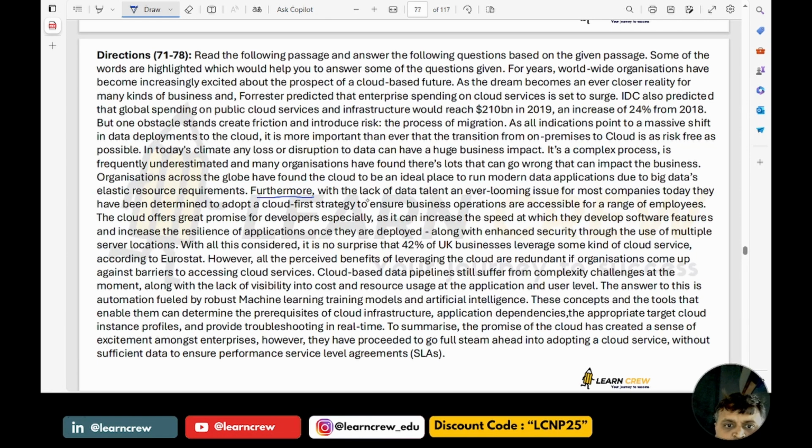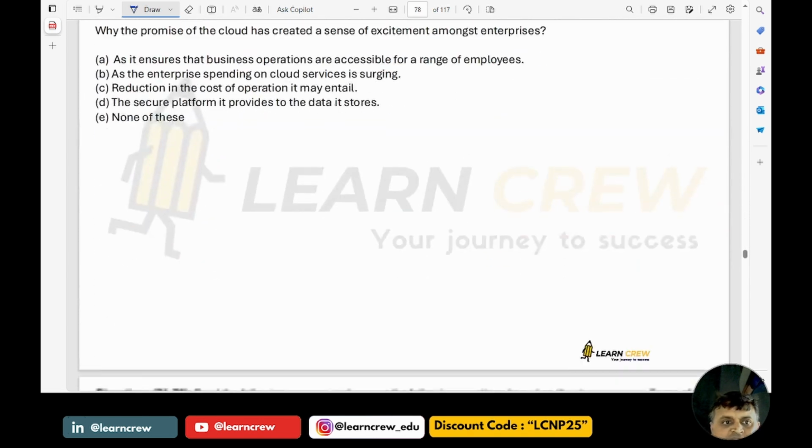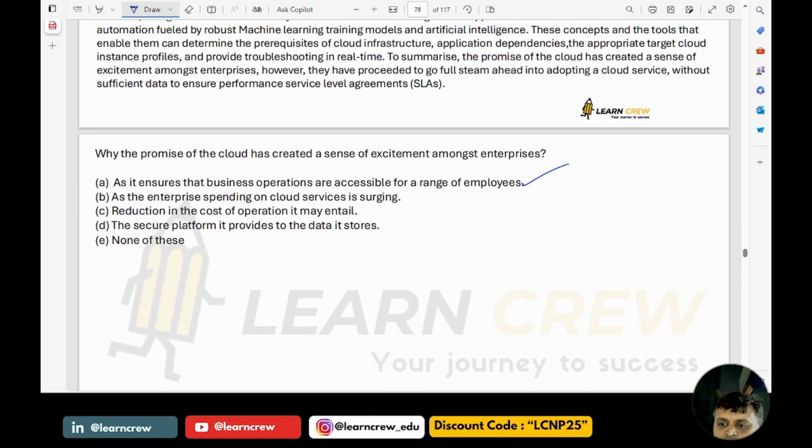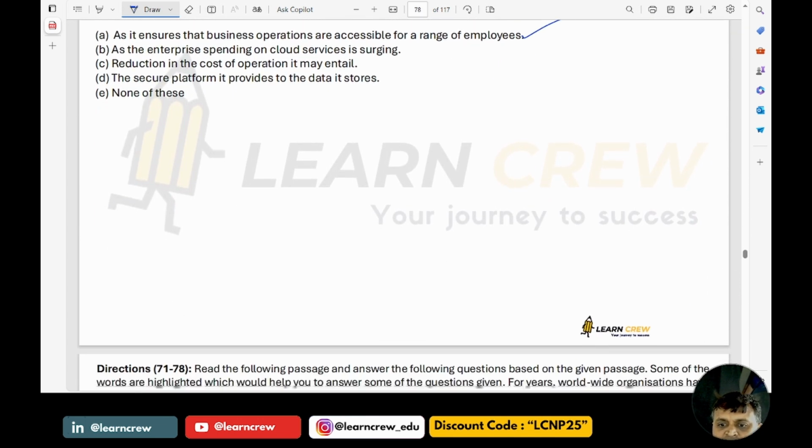Furthermore, with the lack of data talent, an ever-looming issue for most companies today, they have been determined to adopt a cloud-first strategy to ensure business operations are accessible for a range of employees. This is what is given. So if you see here, what can be the answer? The answer would be, as it ensures that business operations are accessible for a range of employees. So option A is correct. We could notice it in the passage directly.